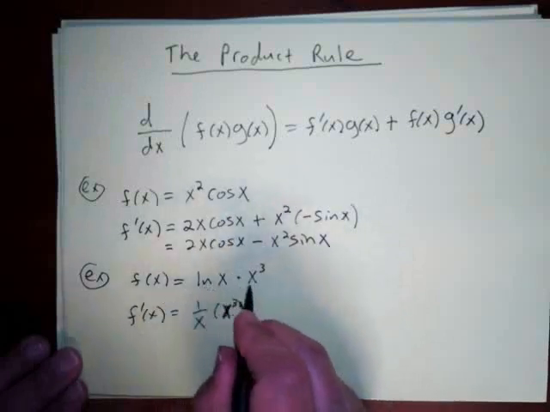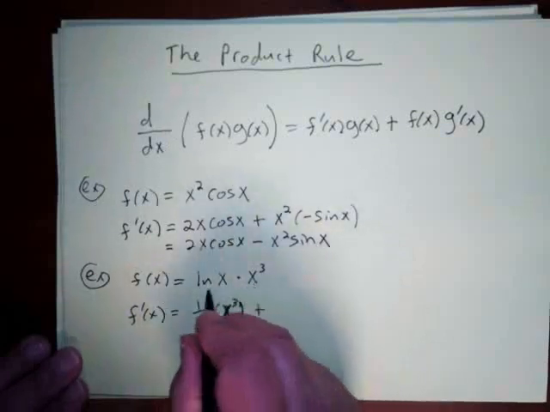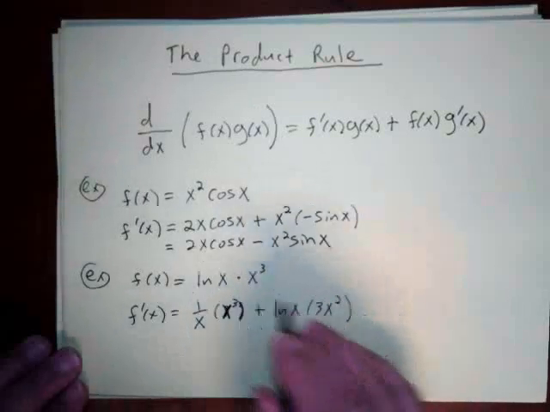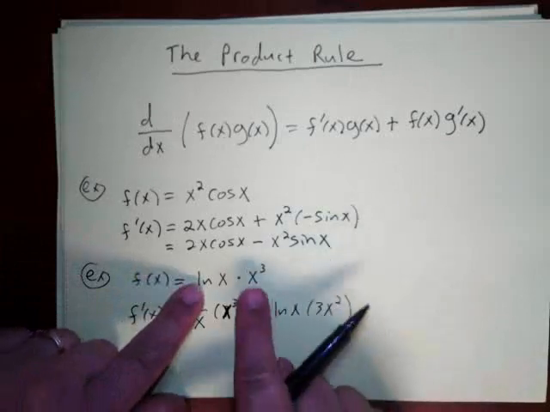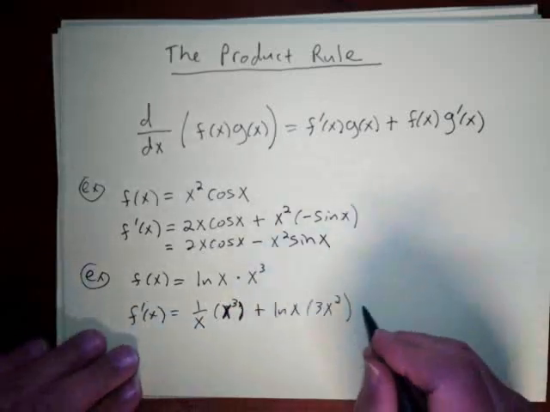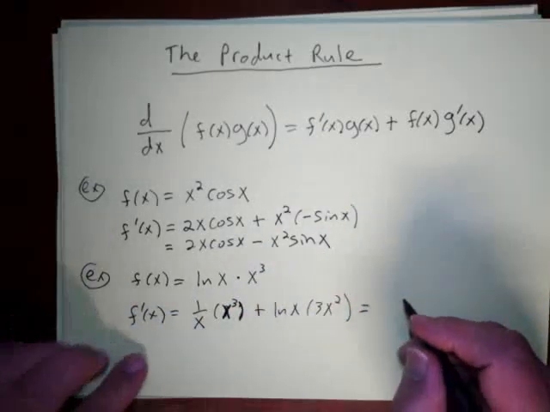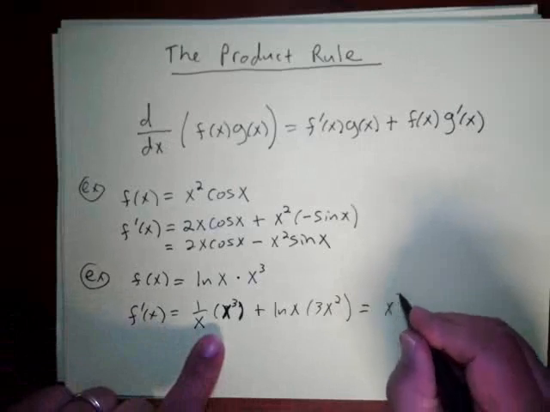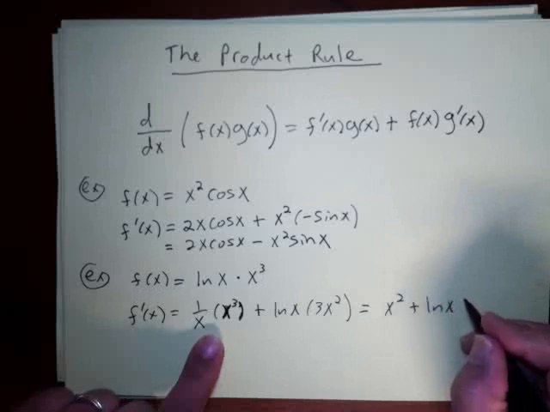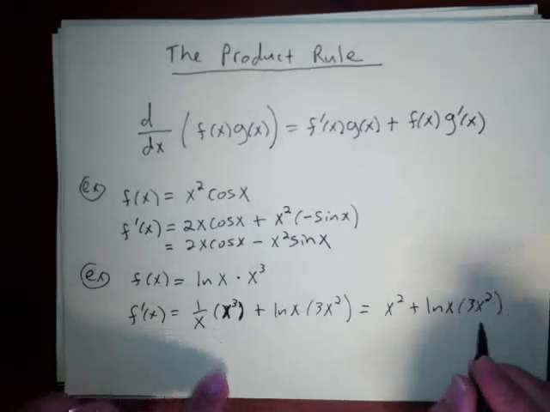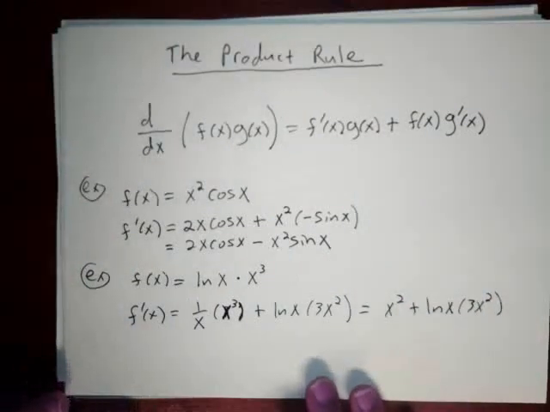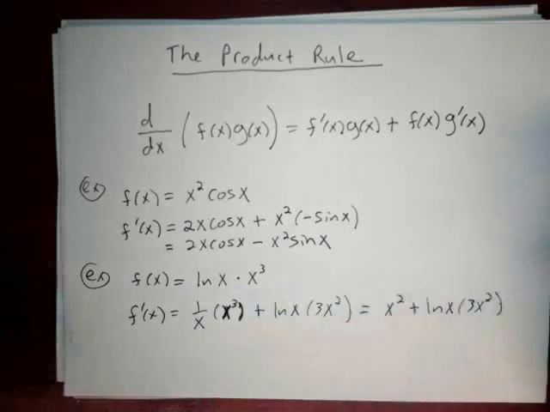Okay, so the derivative of this times the function, plus the function times the derivative of x cubed. It would look like this, and then we could simplify this into just x squared plus natural log of x times 3x squared. And I suppose we could have put that out front, doesn't matter. It's okay like that. But that's the idea, okay?